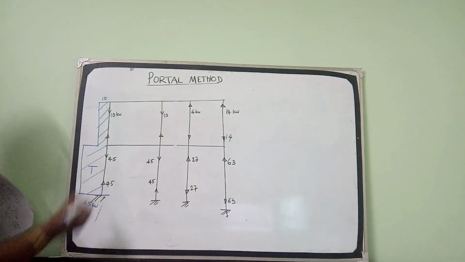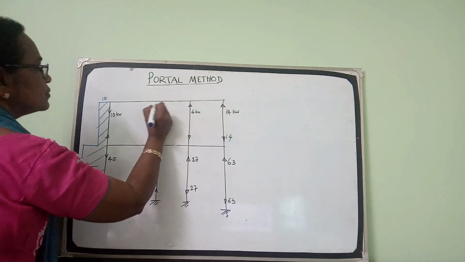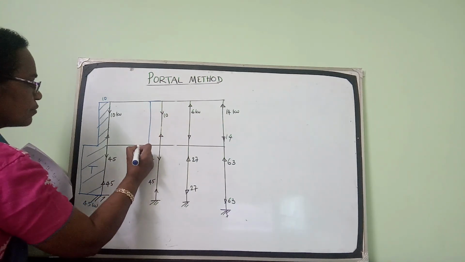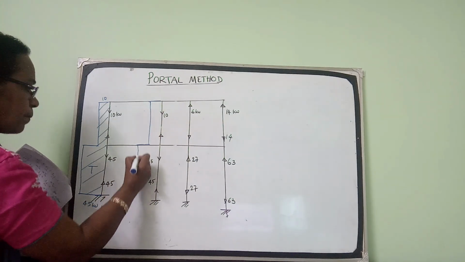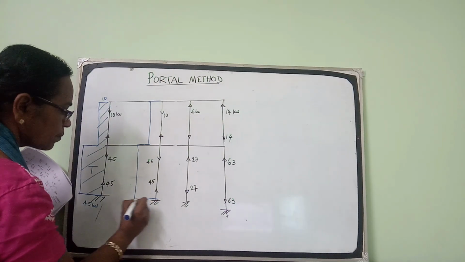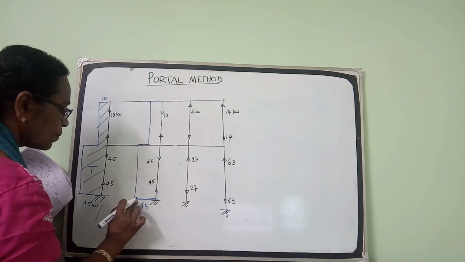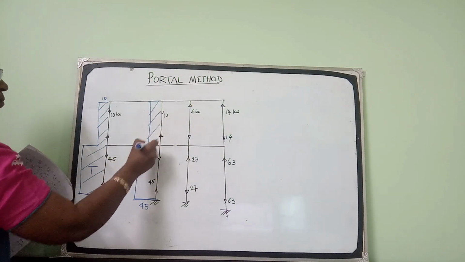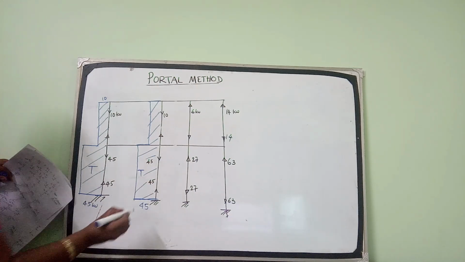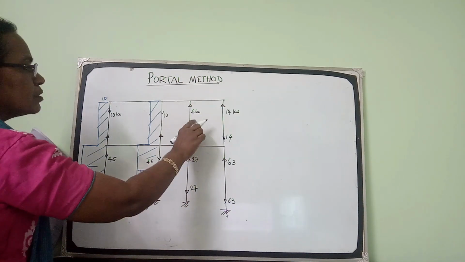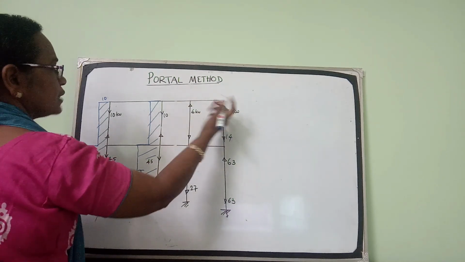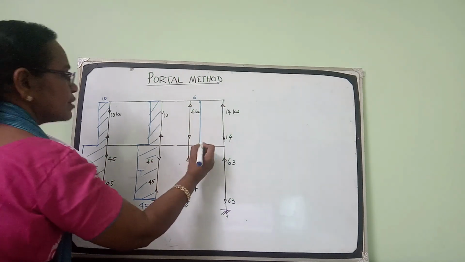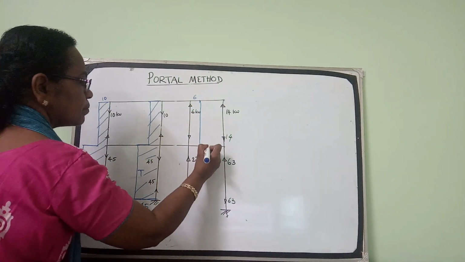It is tension. Similarly, this column 10 kilonewton. Then it is subjected to 45. That is here to here it is 45. So this is also tension. This is compression. This is 6 kilonewton. So compression I will draw on the other side. 6 kilonewton. 27 here to here, 27.